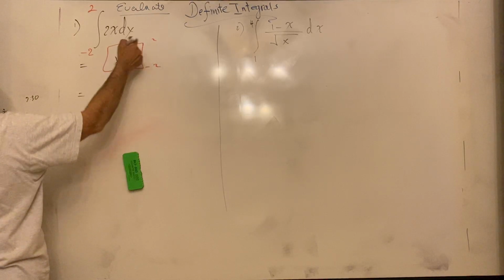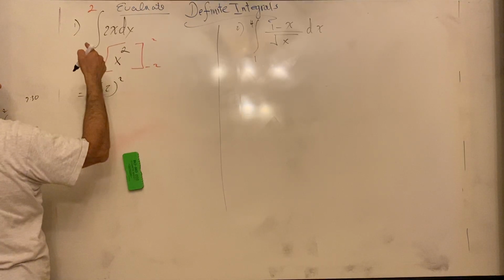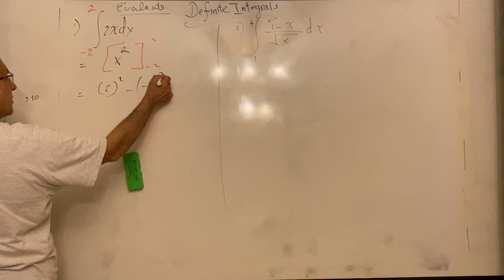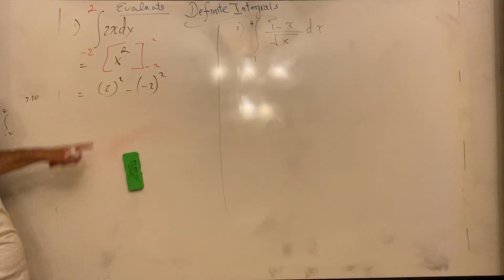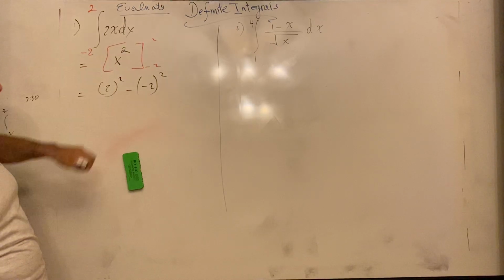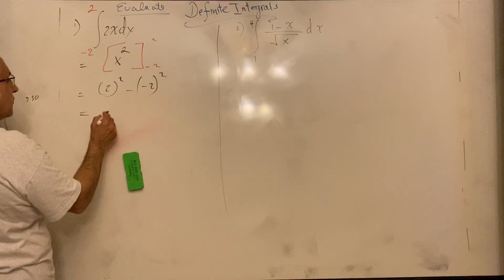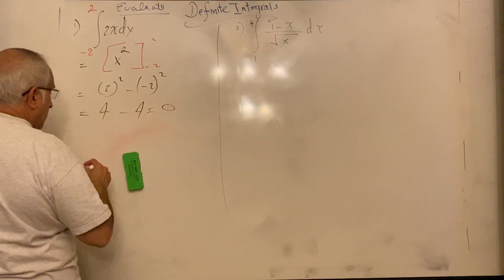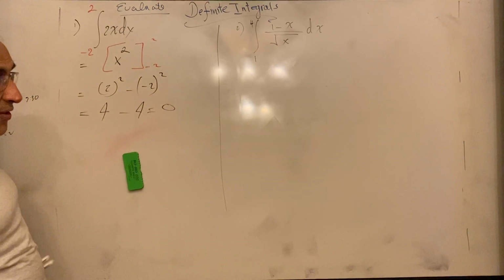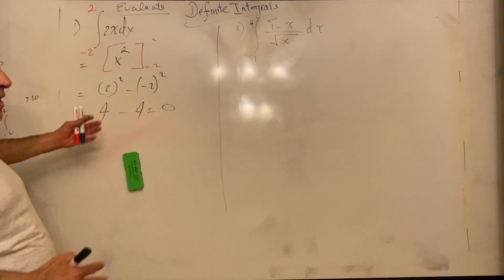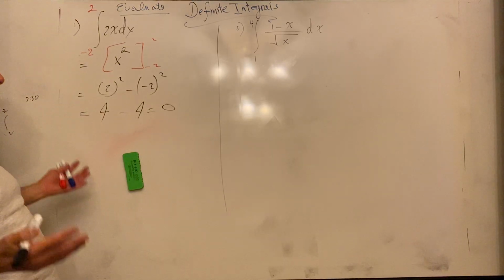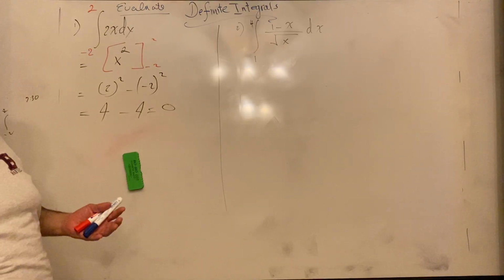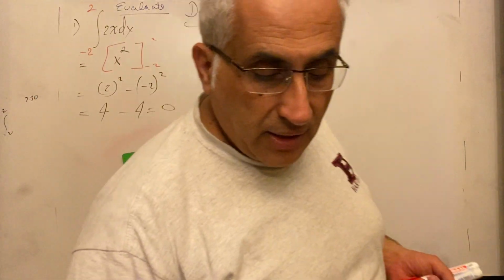We substitute the big number first in here minus the second number, the lower number, in that integrated function. So 2 squared is 4, and minus 2 squared is 4, and 4 minus 4 is 0. In general, a value of a function could be 0, could be negative, could be positive. When we go to understand the meaning of that, then that will be a different idea.